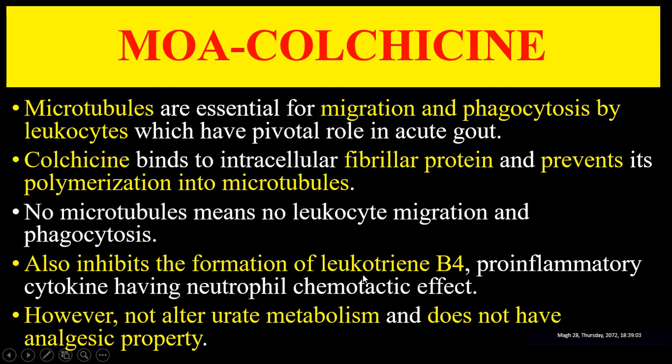Besides, it also inhibits leukotriene B4, which is one of the pro-inflammatory mediators. Thus, it does not alter urate metabolism and does not have analgesic property, but by preventing the formation of microtubules from fibrillary protein, it prevents the migration and phagocytosis of leukocytes. That's why it is used.